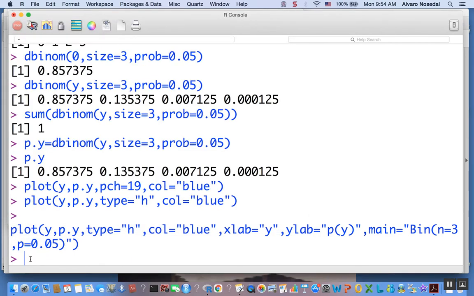Now I would like to add those points that we had, right? So y, p dot y, pch equals 19, and color, same color, blue.